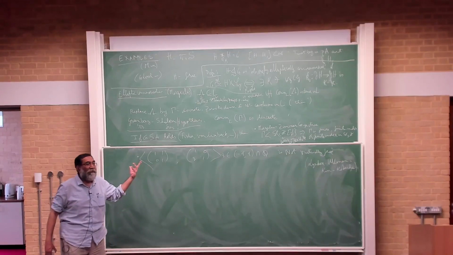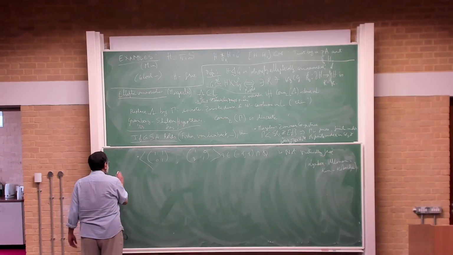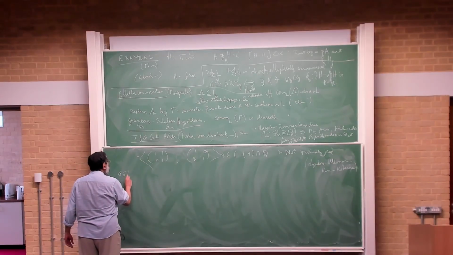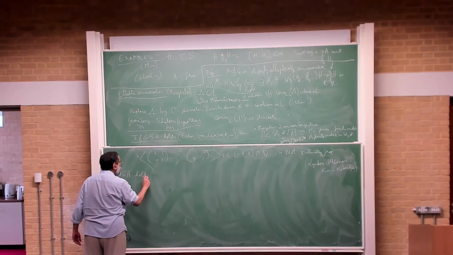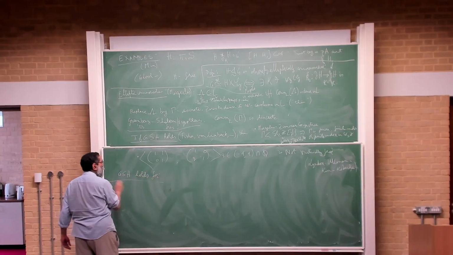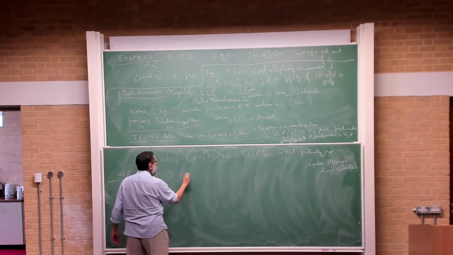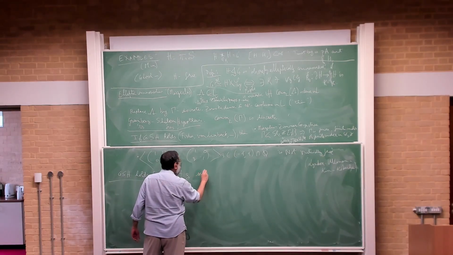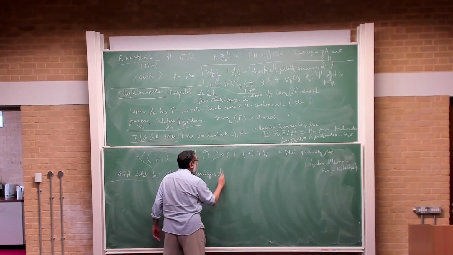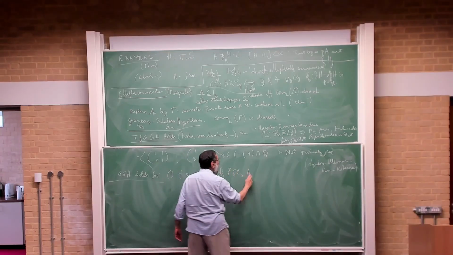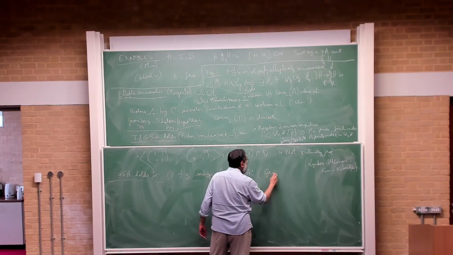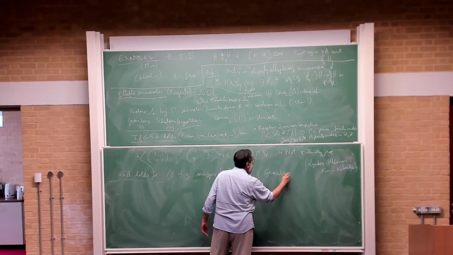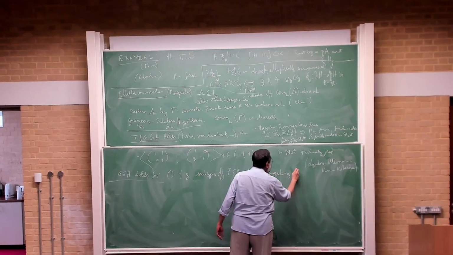So is this at all known? GSH holds for, first, and this is where the name comes from, finitely generated subgroups of PSL2R. This is Greenberg, in the 70s.